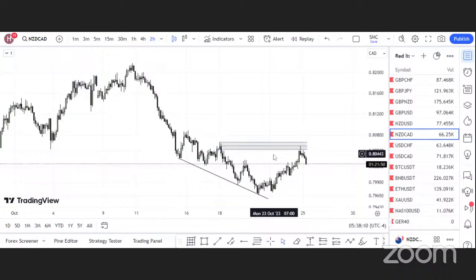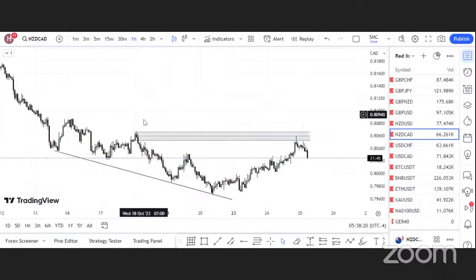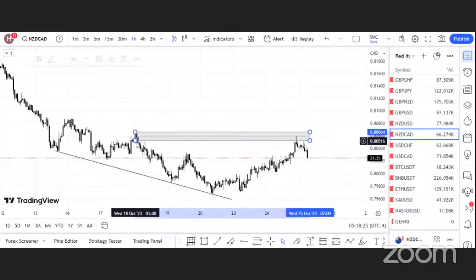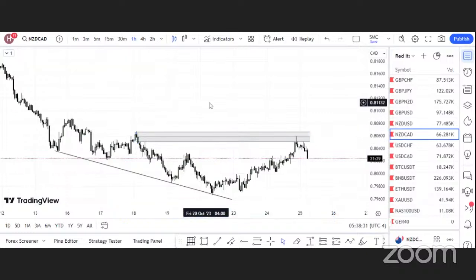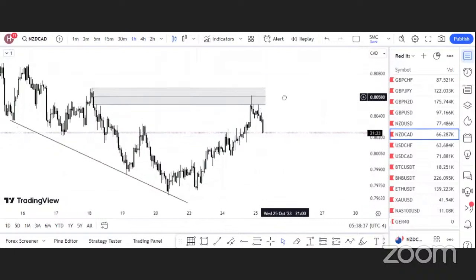The reason why it's respecting this area is because we have a tiny fair value gap around here, and you see how the market is trading to the downside. So we have fair value gap, we have order block, and the market is currently respecting both.